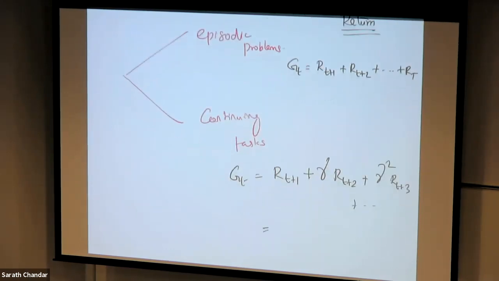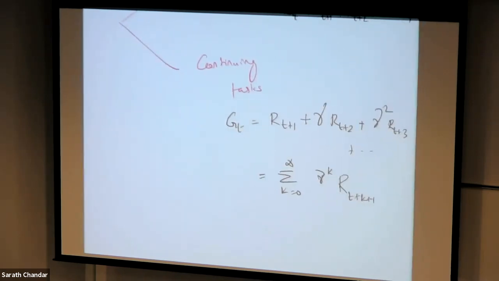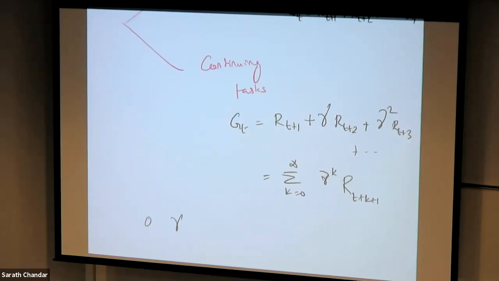Okay, or a concise way of writing this is summation k equal to 0 to infinity, gamma power k, RT plus k plus 1. My R and gamma are really confusing in the notes, so I will fix it for the next edition. So gamma power k RT plus k plus 1, where this gamma is between 0 and 1.